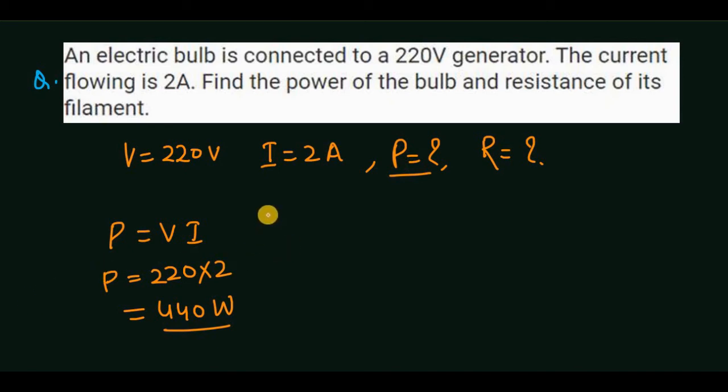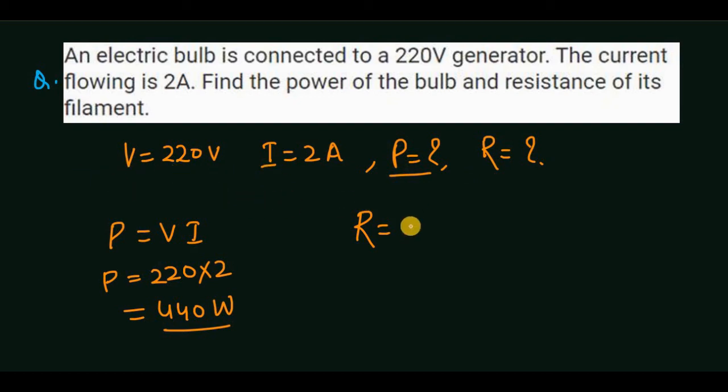Now we have to find R. To find R, V is there, I is there, we calculated P, but we have to calculate R again. So to calculate R, we only need these two.